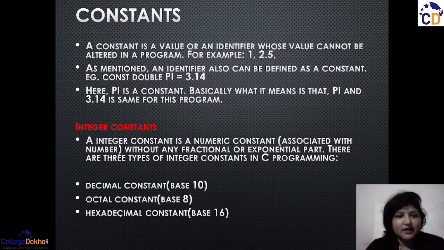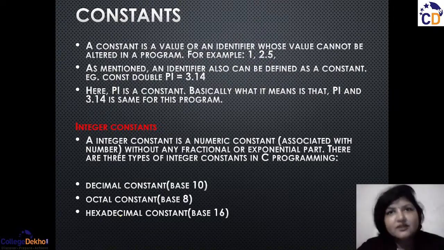So let us see some integer constants. An integer constant is a numeric constant without any fractional or exponential part. We cannot have a decimal point number in an integer constant. There are three types of integer constant in C programming: the decimal constant, the octal constant, and the hexadecimal constant.